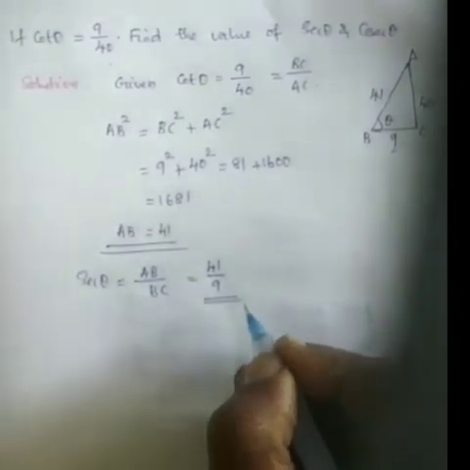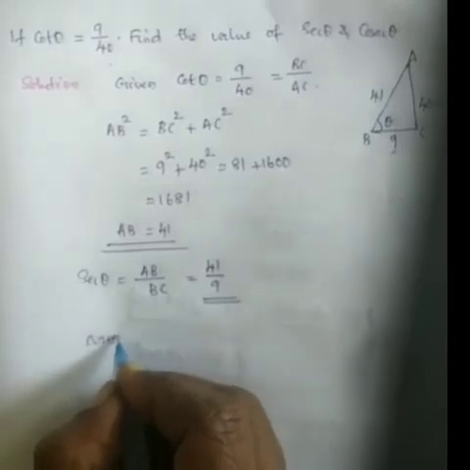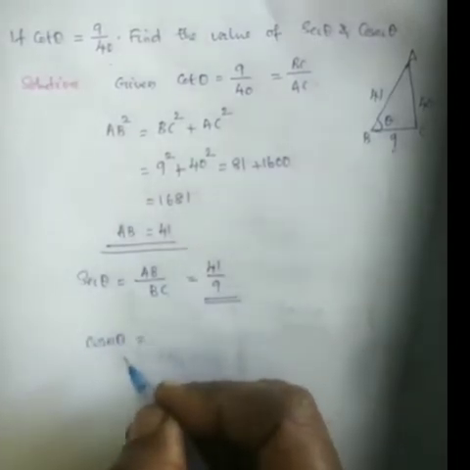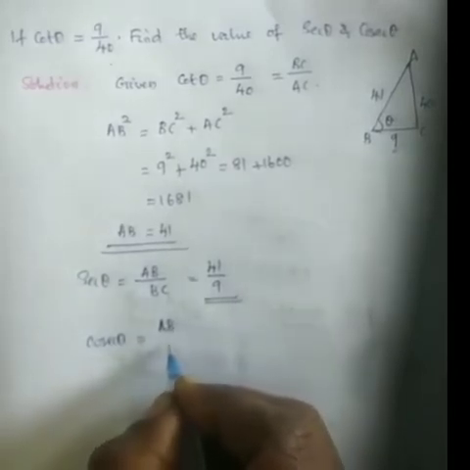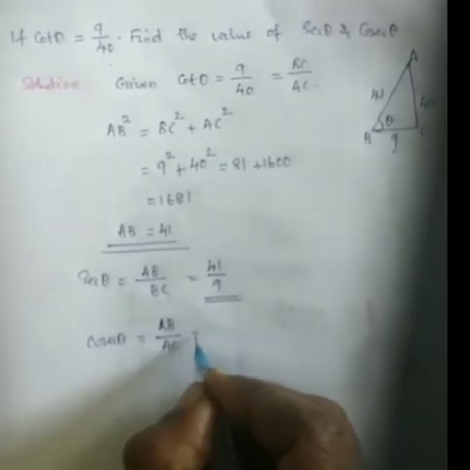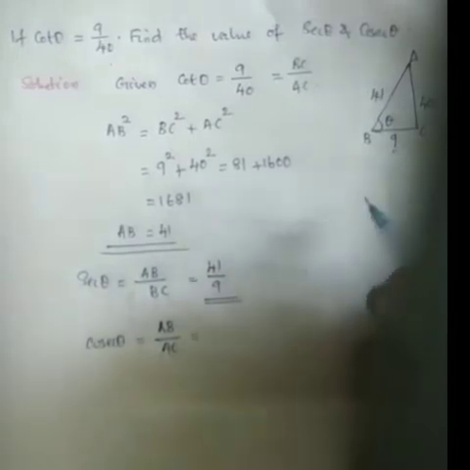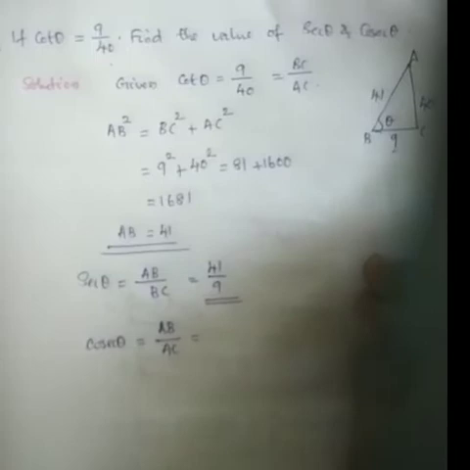And similarly cosec theta is what? AB by AC. AB means the hypotenuse, AC is the opposite side, and BC is the adjacent side based on this angle.